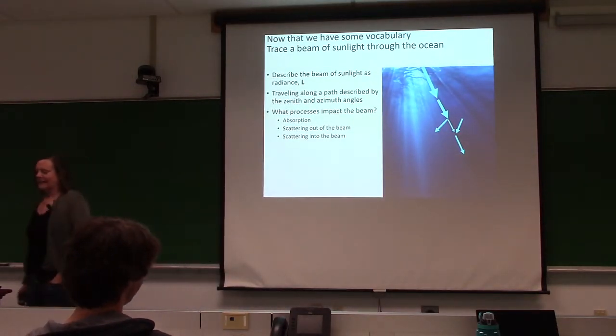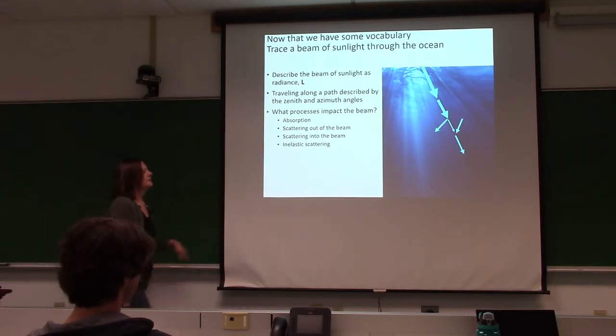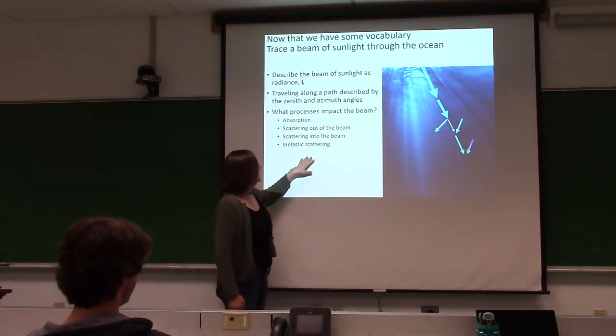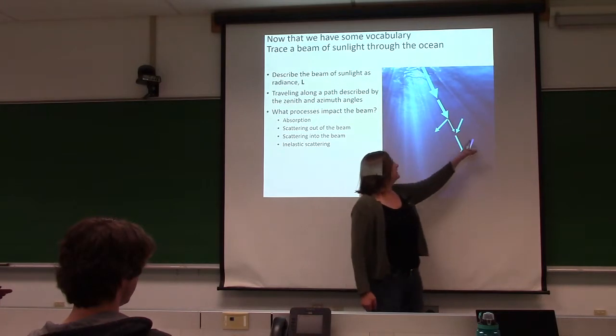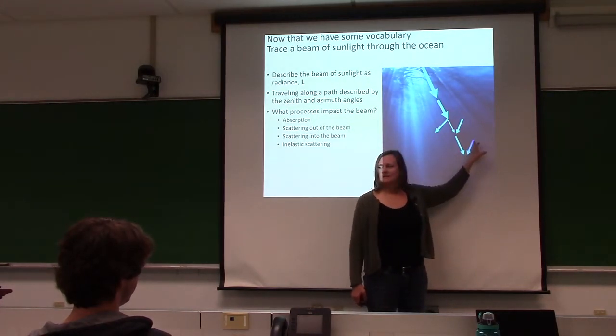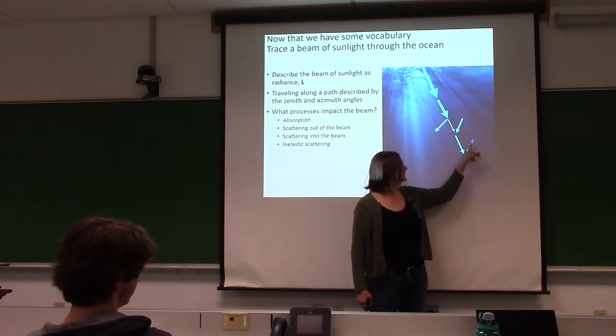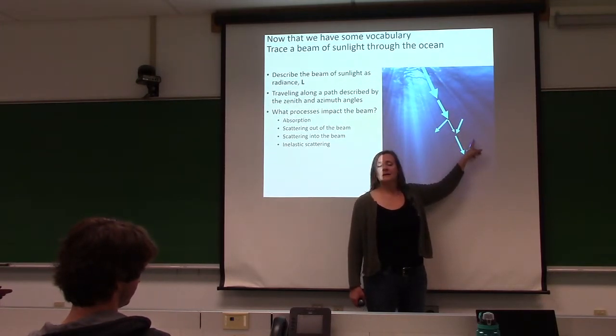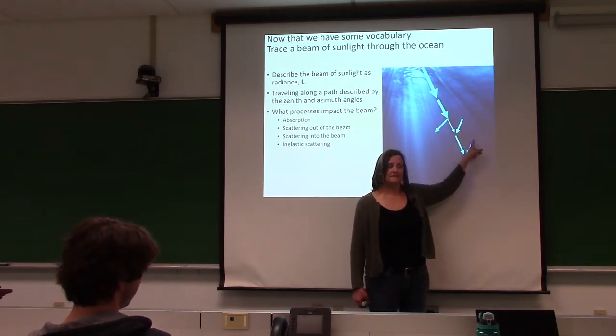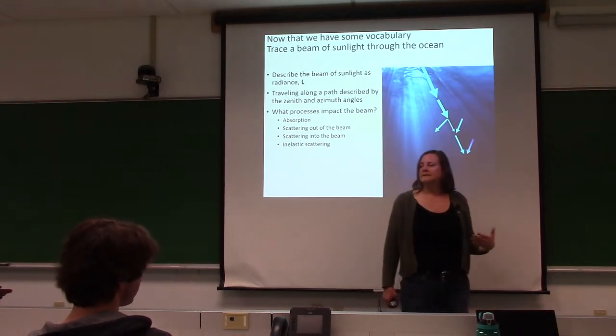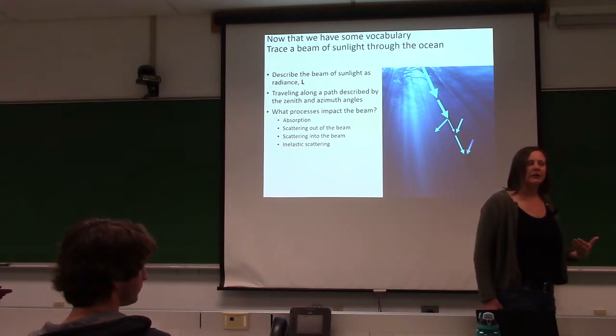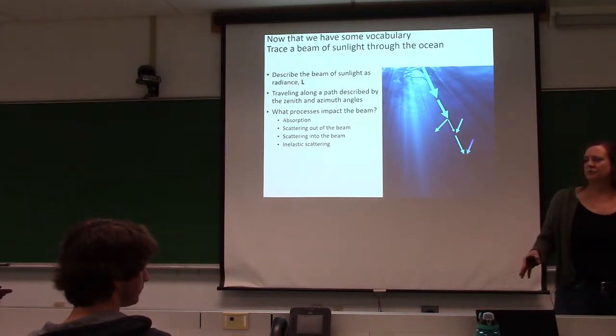Okay. And then we have inelastic scattering. So we could have light that was coming from a different color. Since I started off in the bluish green here, I had light coming in from shorter wavelengths from the ultraviolet, getting absorbed by, say, colored dissolved organic matter and getting re-emitted into the color that we're measuring.